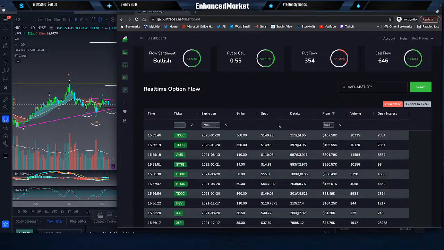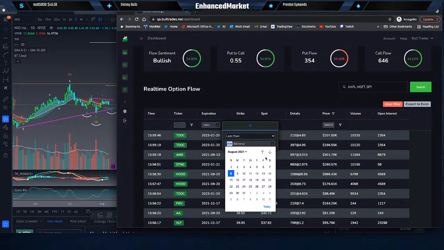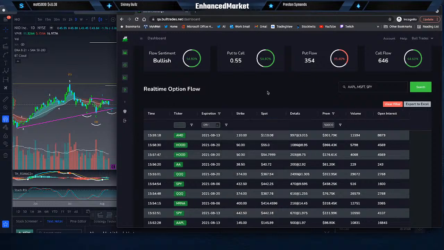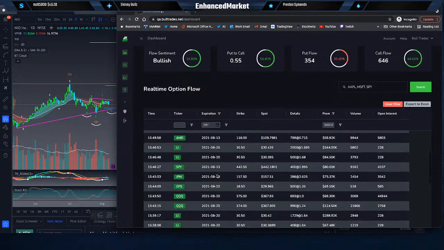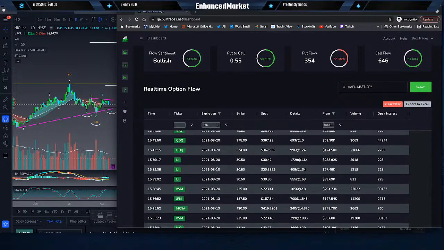All right. You could even do expiration dates. So what I do is less than, and let's say I want to do nothing more than a month out. I would just go to September. What's today? September 8th. So I would look for probably that, and then anything less than a month out would come through the table.